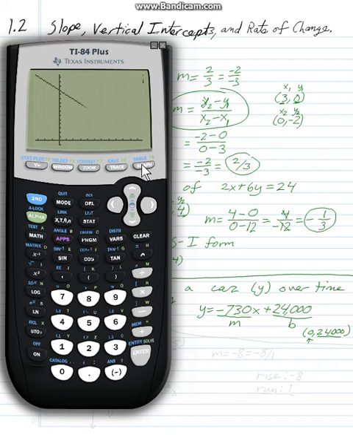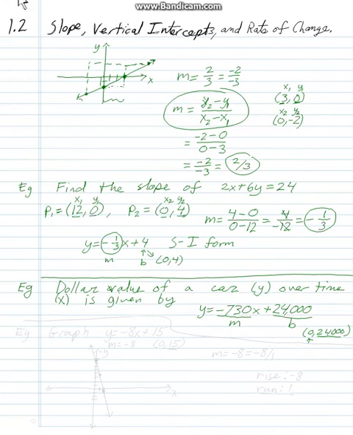Alright, and now we can see both the x and the y intercepts, and we can see how the value of this car is decreasing over time. Right? It's worth less and less every year. Now I would just like to look at one more example in terms of graphing using the slope-intercept form.